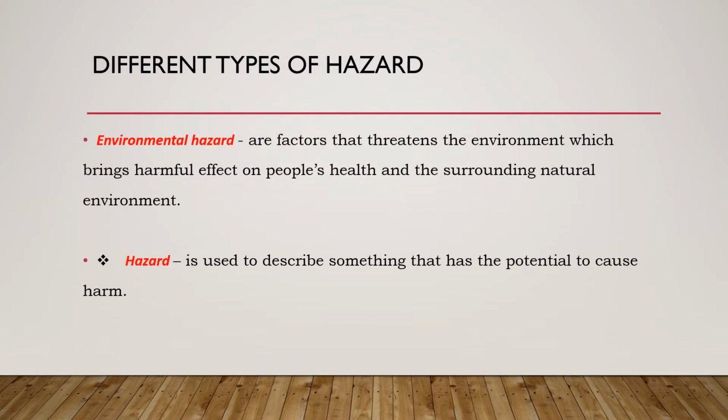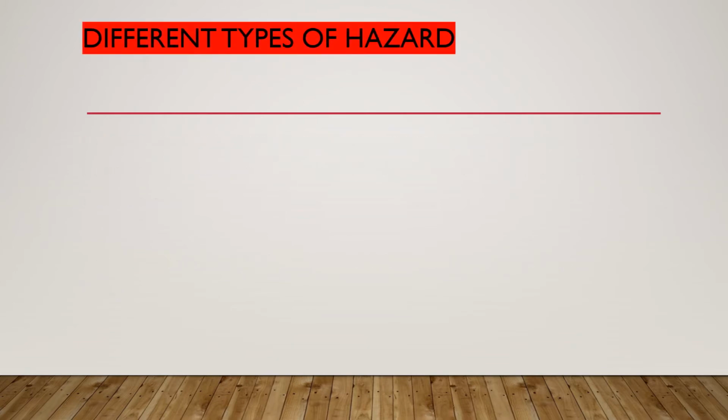Okay, so we have different types of hazard. Environmental hazards are factors that threaten the environment, which brings harmful effects on people's health in the surrounding natural environments. So let us define what is hazard. Hazard is used to describe something that has the potential to cause harm. The first hazard is biological hazard.